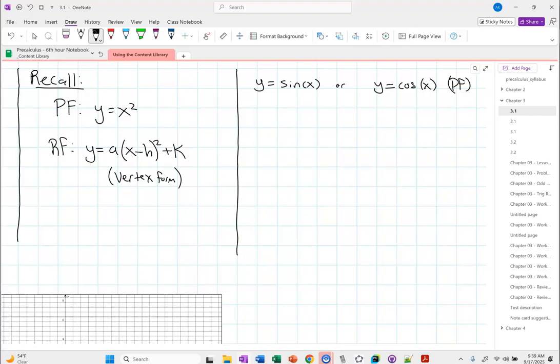So y equals sine x or y equals cosine x are going to be our parent function. We'll talk about tangent later on in the chapter. We're going to ignore that one for right now.